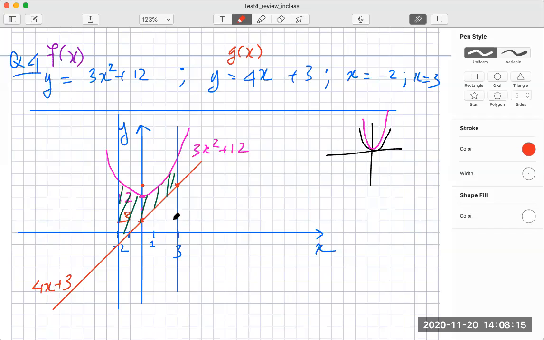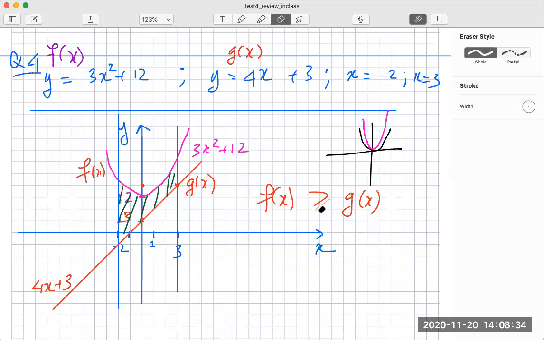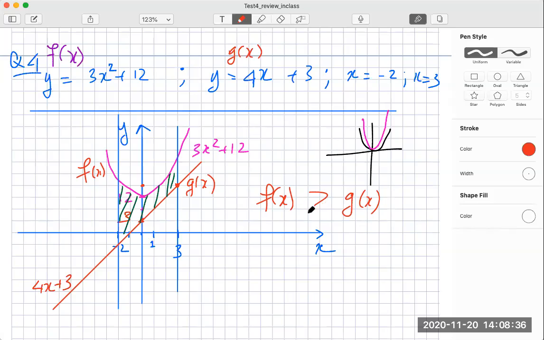According to the graph here, strictly larger.